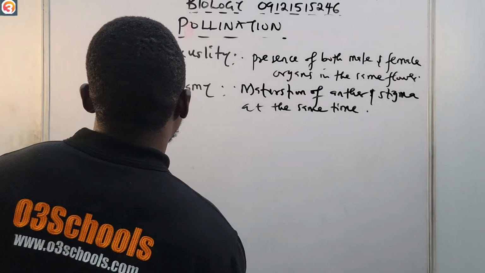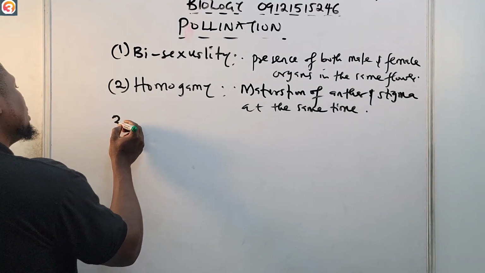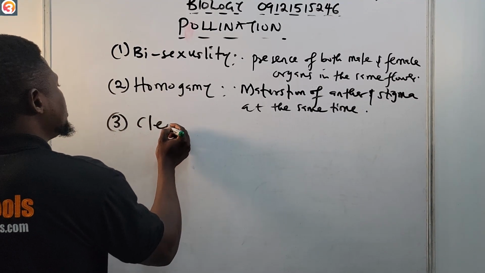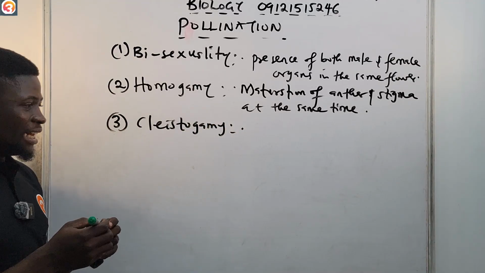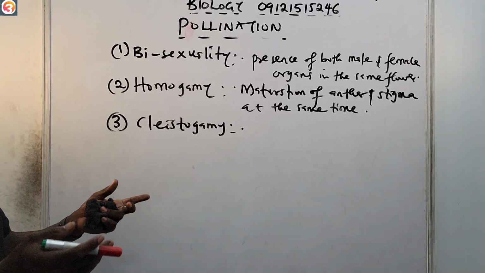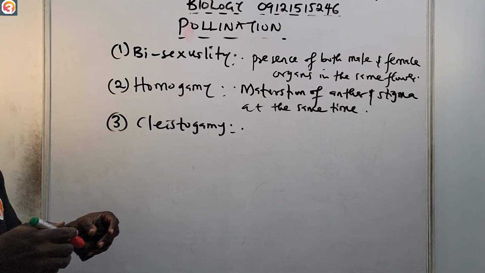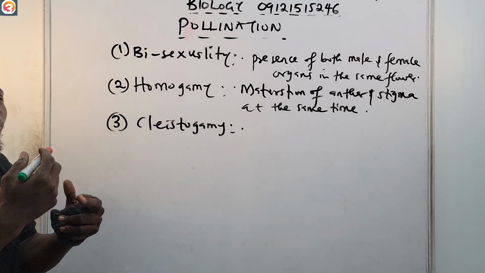Number 3, we also have cleistogamy. Cleistogamy talks about when pollination and fertilization occur in an unopened bud.